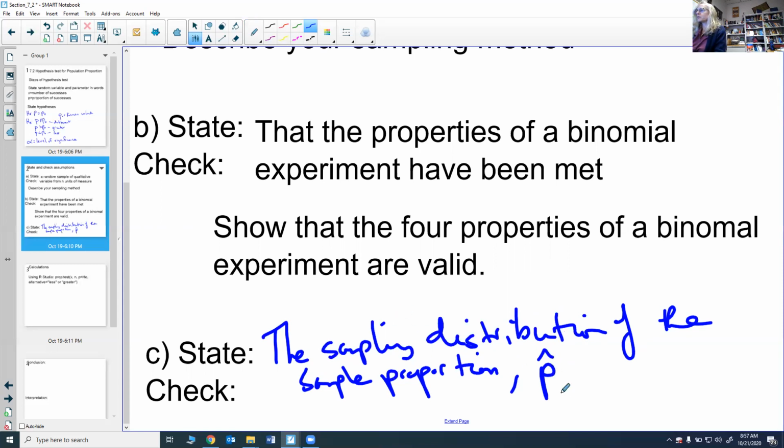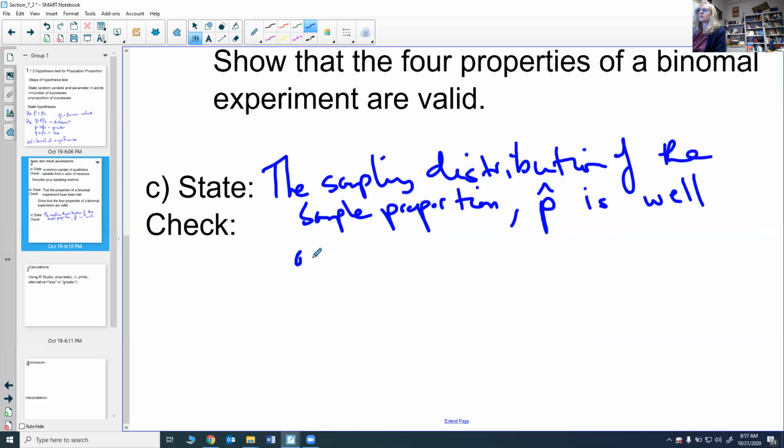So the sample proportion would have a P with a little hat over top of it, is well approximated by a normal distribution.